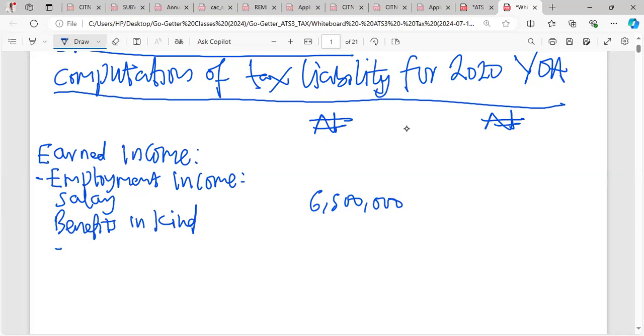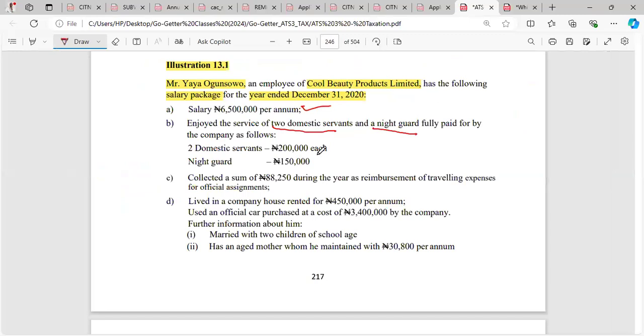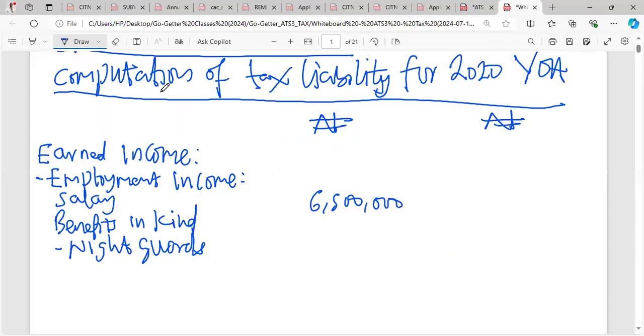Then we have night guard. Sorry, two domestic servants and a night guard. Since I've written night guards, it's not night guards, it's night guard. Let me remove it and put two domestic servants first so that we'll be going in line.